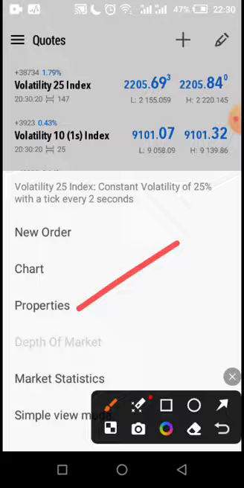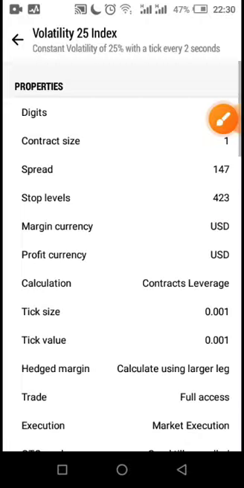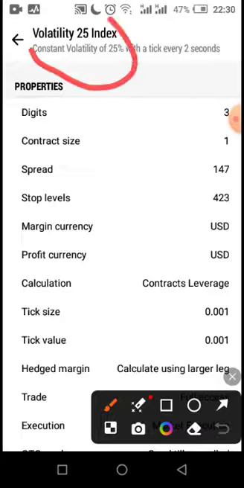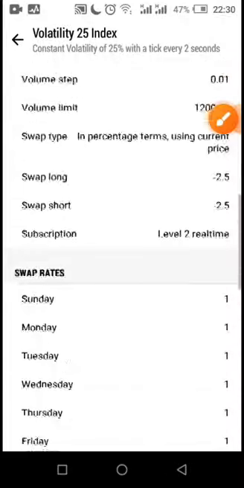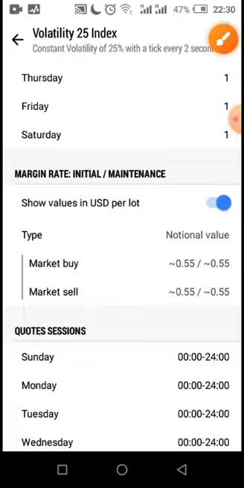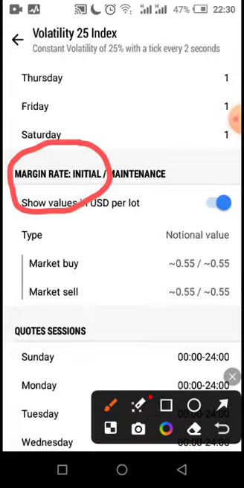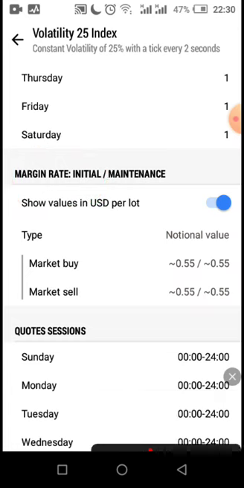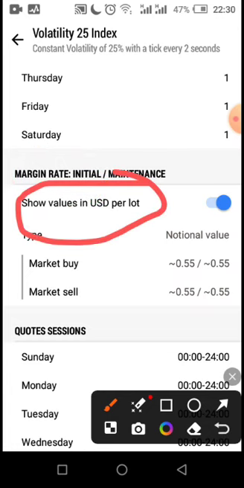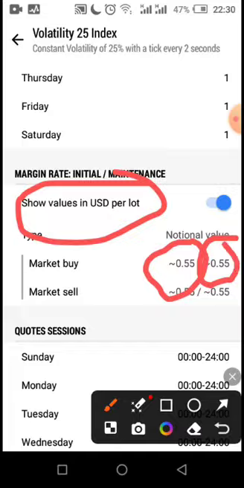If I go to the properties, you see that for the V25 index, a volatility index, the margin cost to open a trade for every standard lot in US dollars is just 55 cents for your initial margin. If your trade is to last for the next day or more, you will be charged a maintenance margin of just 55 cents.